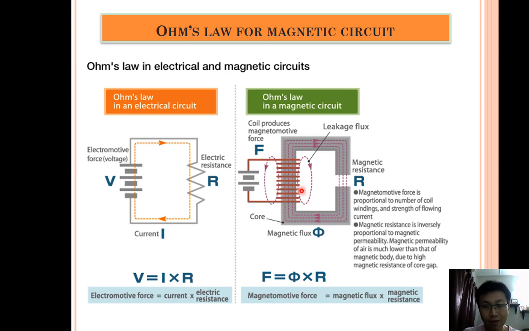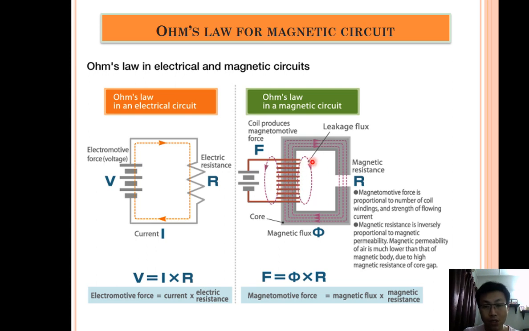We generate the flux by using a coil, by injecting current inside the coil. Then it will generate flux. Flux will flow through the material. What is the material? It can be a magnetic material in this core. So it can flow through the steel, and steel is one of the materials. Air is also one of the materials. Then through the steel back, and coming back here.